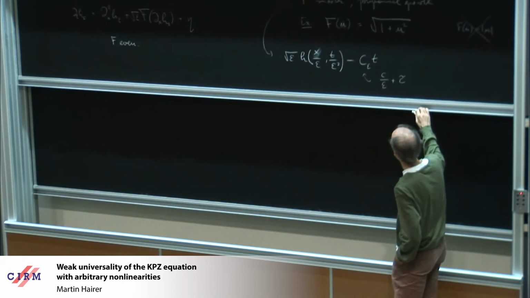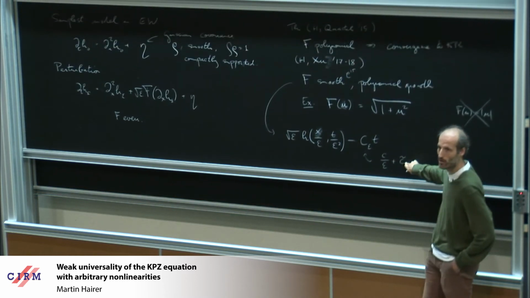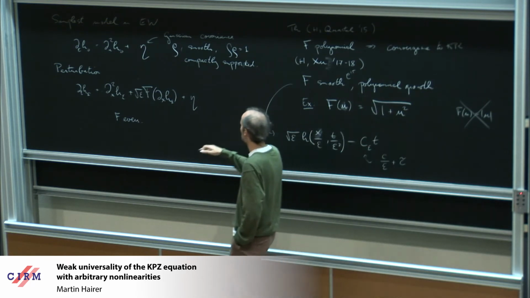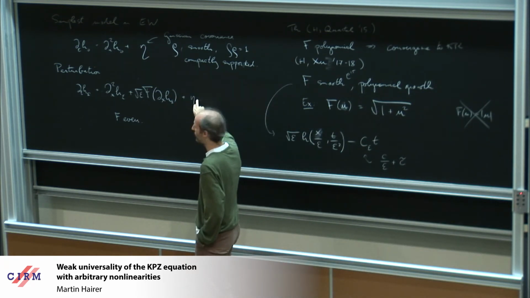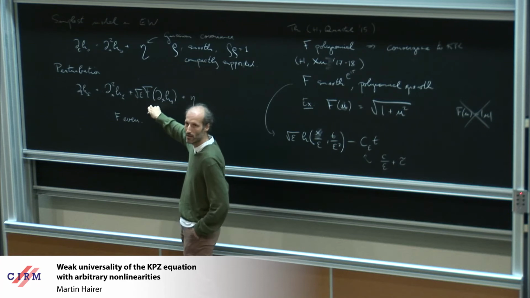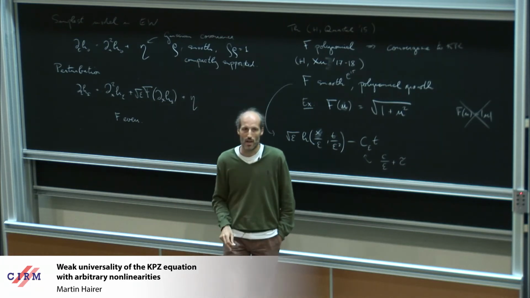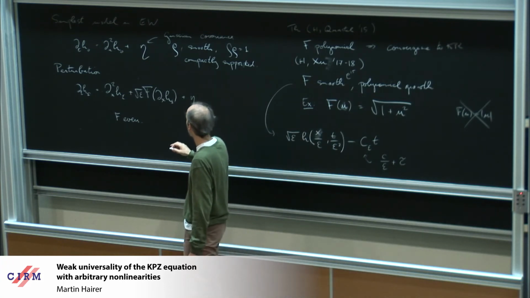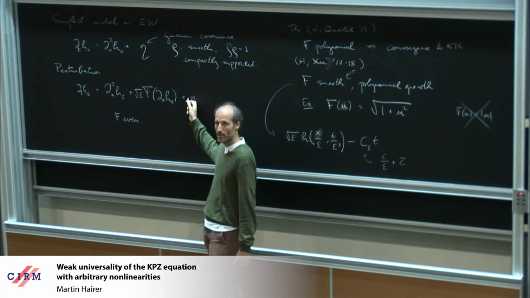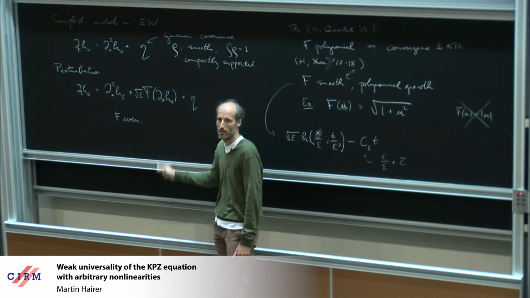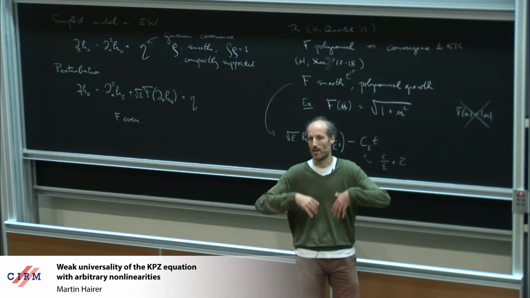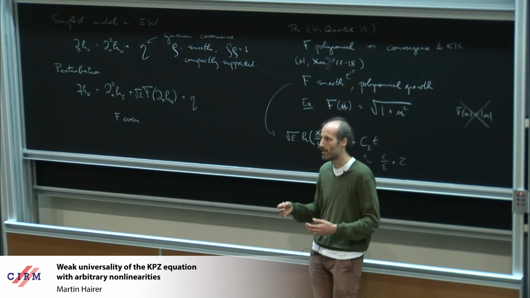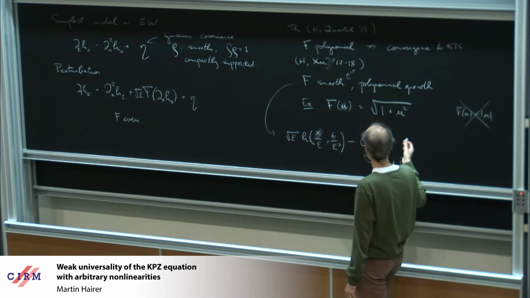But there are order 1 corrections here, and the order 1 corrections depend, in a rather complicated way, on the covariance function of the noise and on the precise shape of that function f. And if you take a non-Gaussian noise, which has sufficiently many moments and sufficiently rapid decay or good enough mixing, then you have the same sort of results.